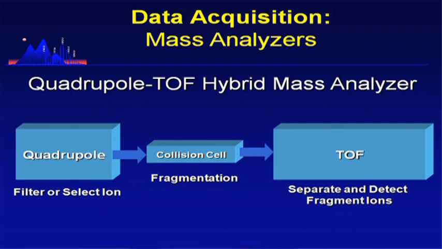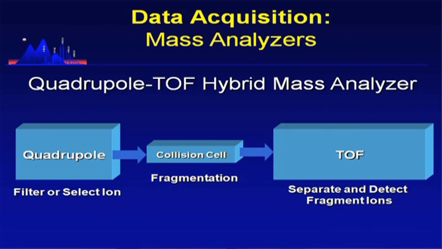We say, I only want to look at this one peptide. I'm going to send it into this collision cell where I'll add a gas like helium or nitrogen, and the addition of that gas will cause this peptide to fragment.